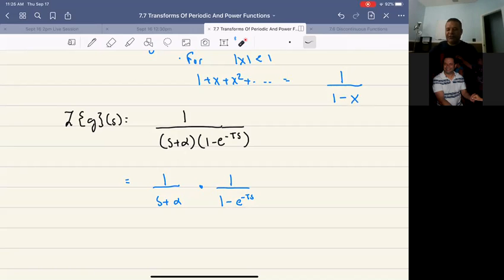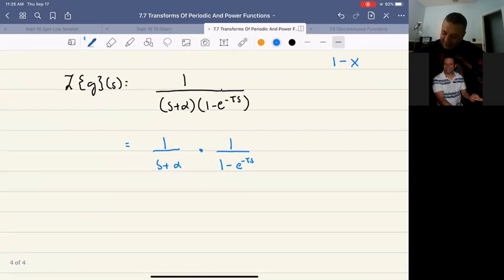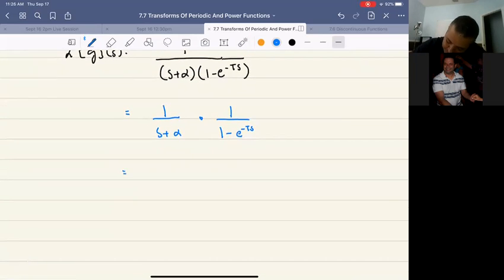So that means you could write this as 1 over s plus alpha times 1 plus e to the negative ts plus e to the negative 2ts plus e to the negative 3ts.